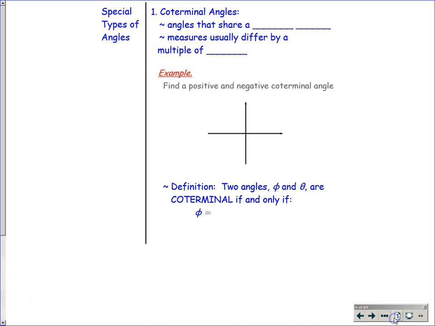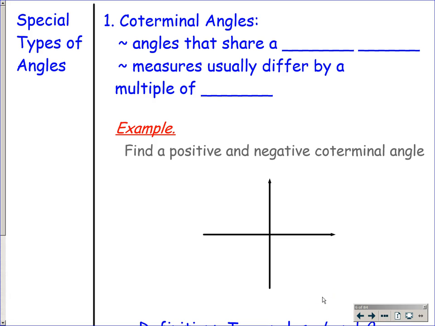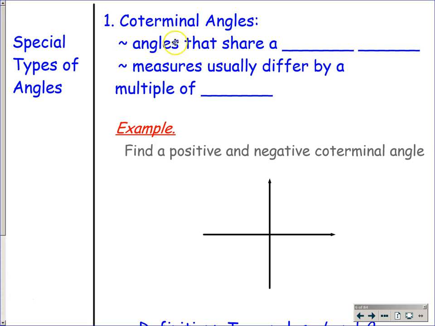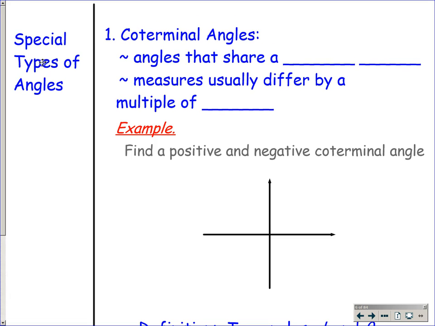Coterminal angles. Come on, my grammarians. It's up on the top of the board. What does co mean as a prefix? Cohabitate? Cooperate? Yeah, that works. Commingle?